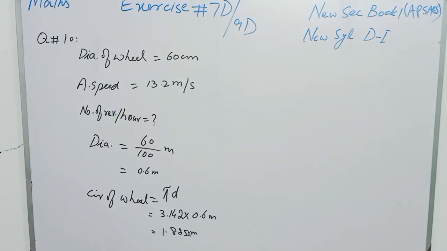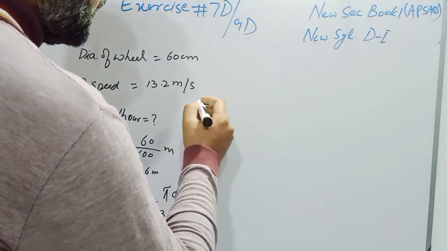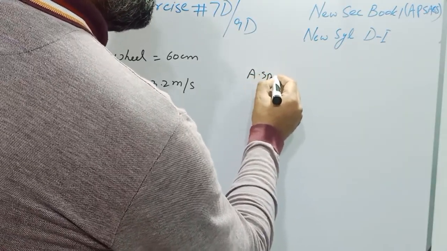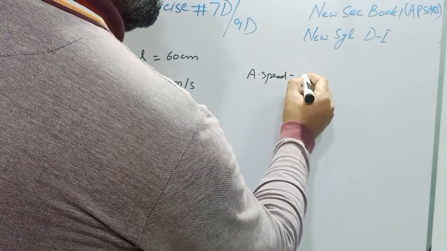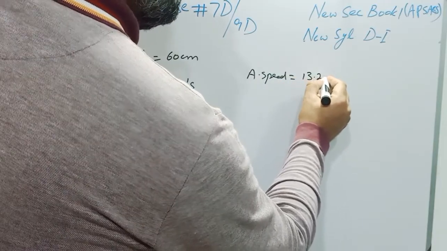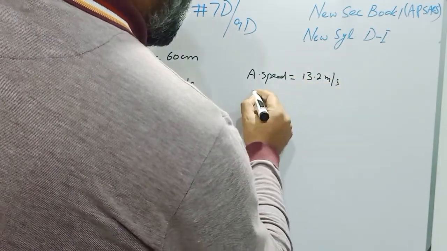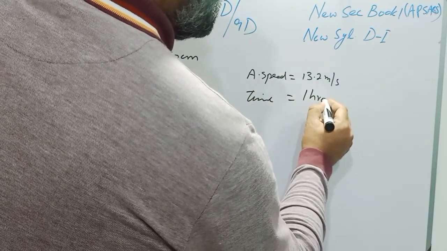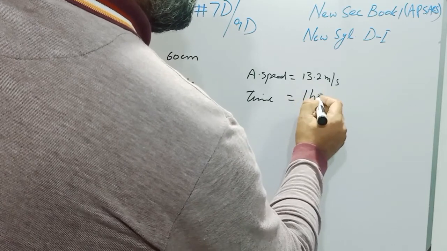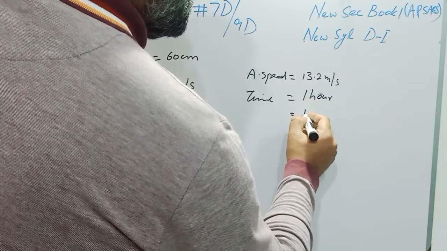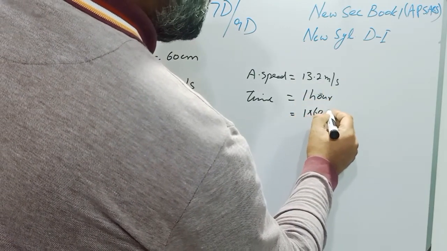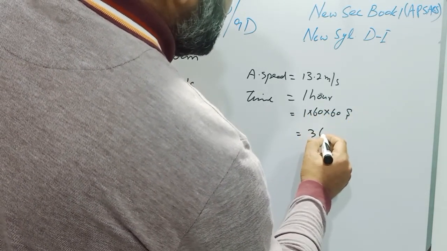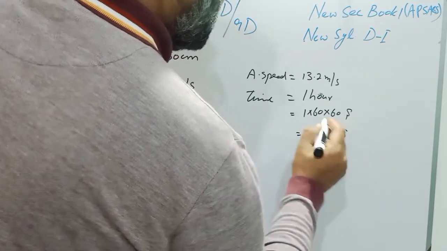And now we will find the distance that is traveled in 1 hour with the average speed of 13.2 meter per second. Now students, average speed of the car is given. Average speed is 13.2 meter per second and time is 1 hour. Now I will convert hour into second. 1 multiplied by 60 means minute and again 60 means second. So it will be 3600 second.